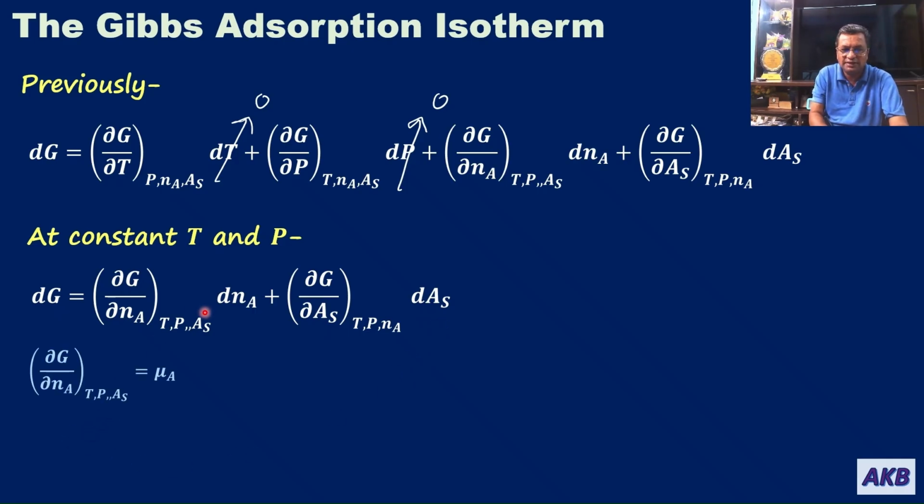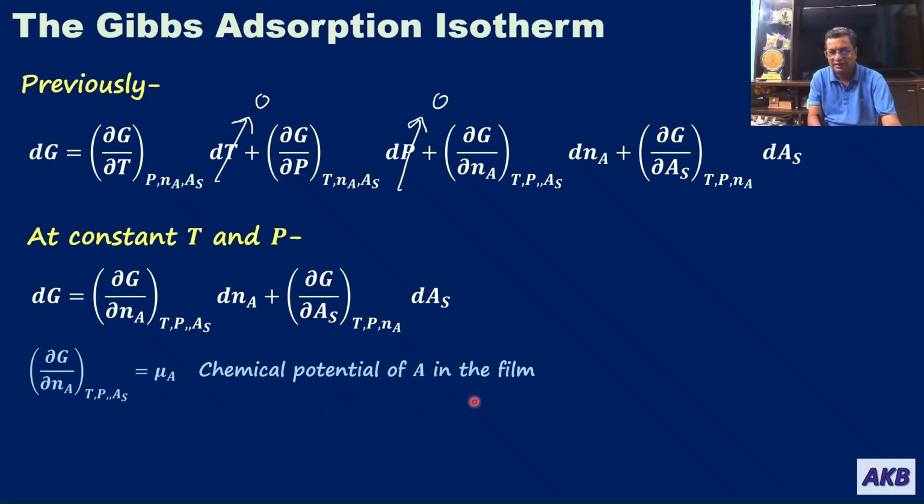Now in this equation, if you look at this term ∂G/∂Na, this is nothing but mu A, which is the chemical potential of A in the film.